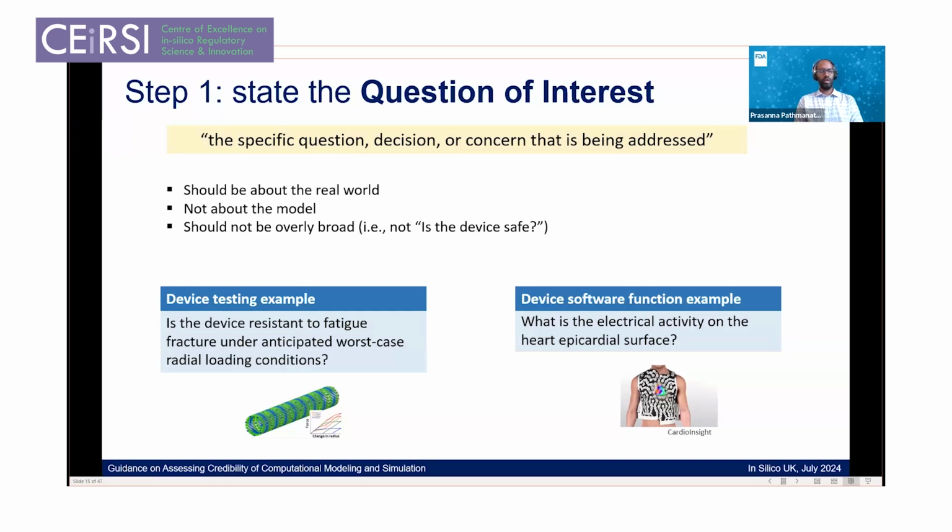So one of the things that we emphasize in the guidance is that this question of interest should not be overly broad, not something like, is the device safe, but the specific question that the model is going to be used to address.